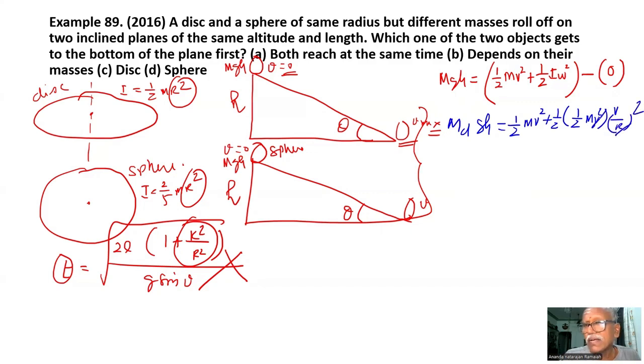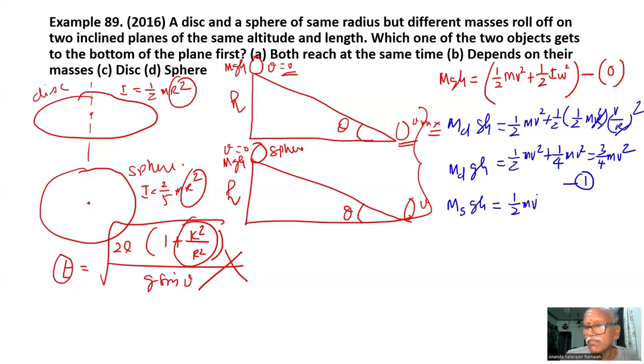R square gets cancelled. Therefore 1 by 2 m v square plus 1 by 4 m v square equals 3 by 4 m v square. This is m disk g h. Let it be 1. This is for disk.